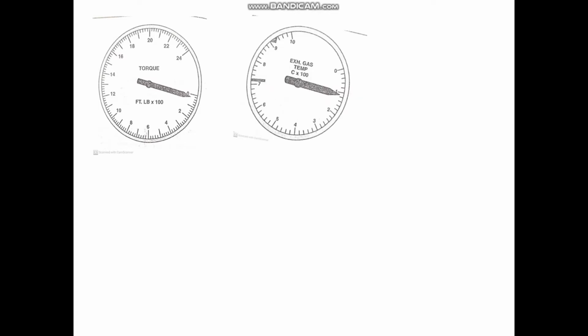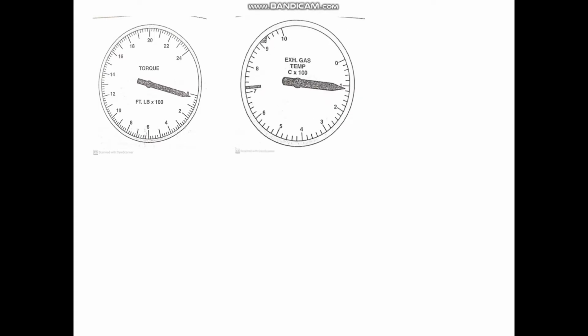And the last instrument we have is exhaust gas temperature. A critical limiting factor for operating a gas turbine engine is the temperature of the turbine section. The temperature of the turbine section must be monitored to prevent overheating the turbine blades and other exhaust section components.